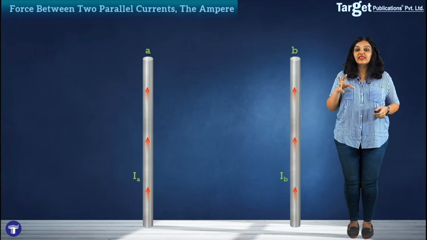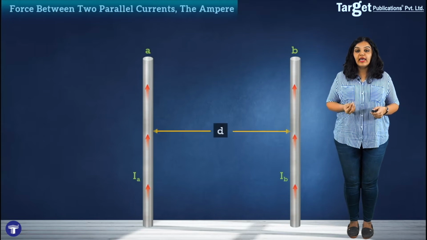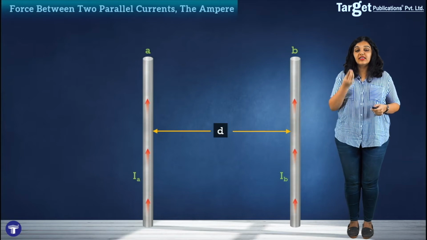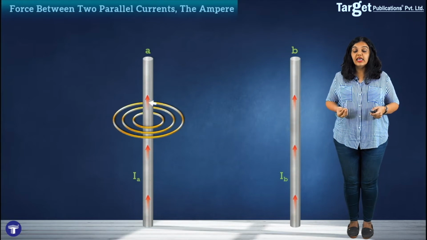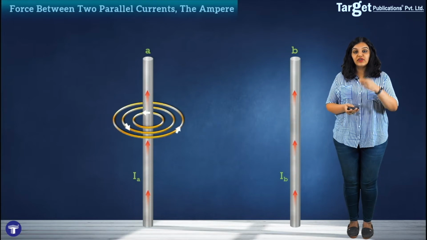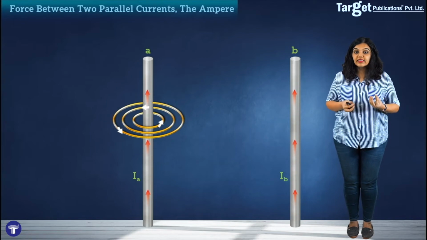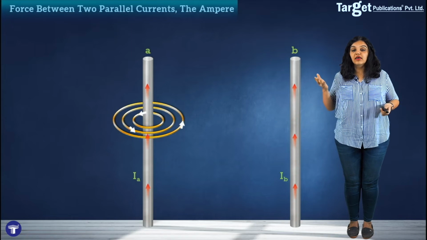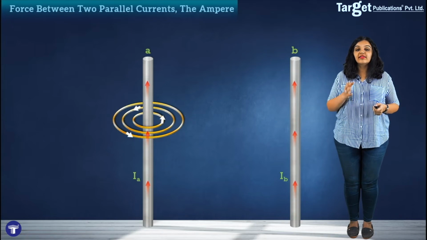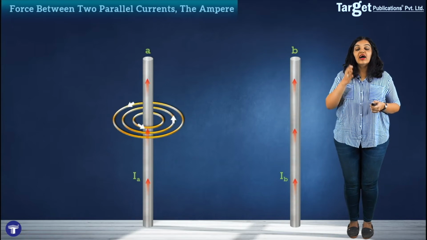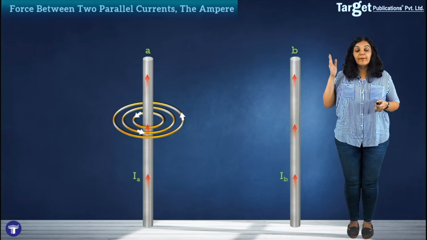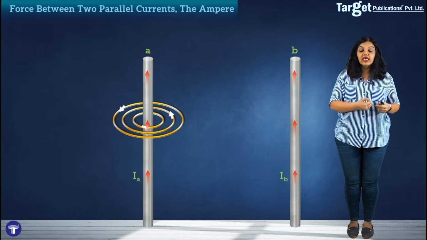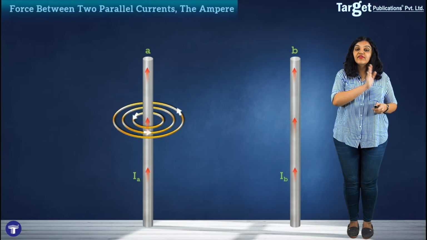For example, if I study only one of them, then I'll see that the magnetic field due to the first conductor, let's say that the first conductor is A, there will be some magnetic field due to the first conductor A, and this magnetic field will be like the external magnetic field for the conductor B, and therefore I say that this magnetic field will actually affect the conductor B. So now the conductor B is placed in a magnetic field, and this magnetic field is created by the first conductor.